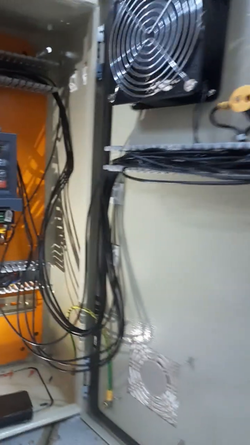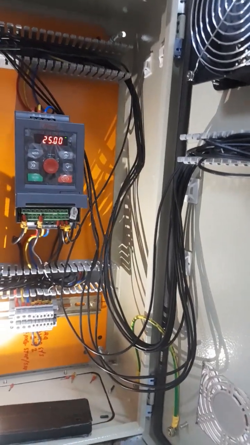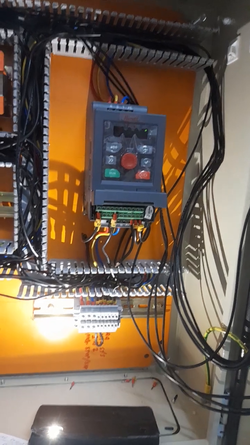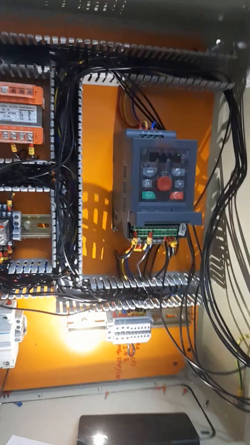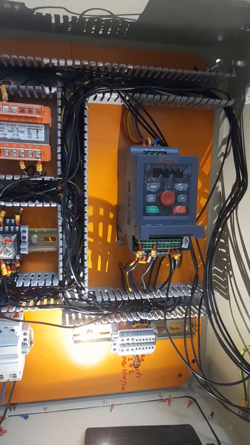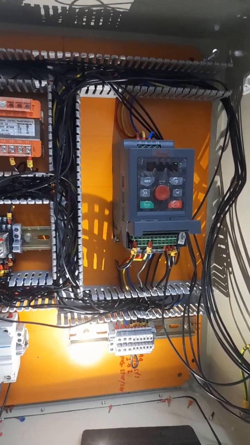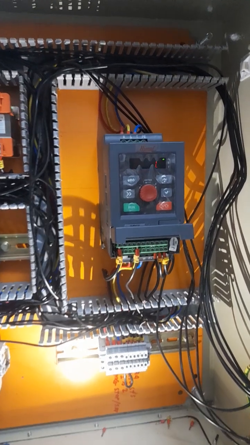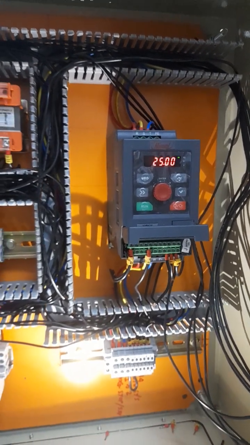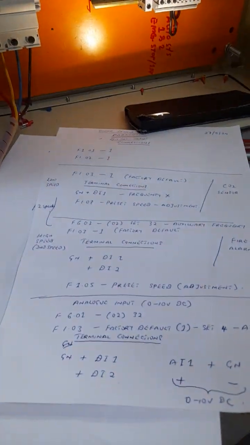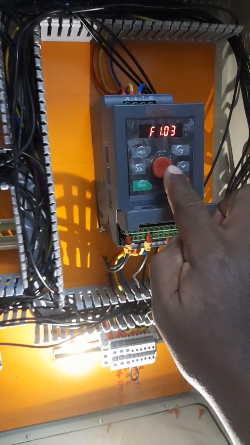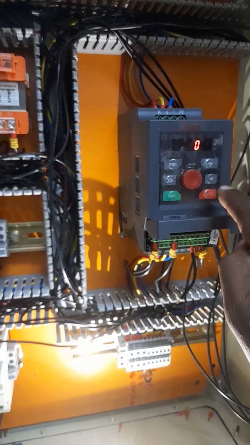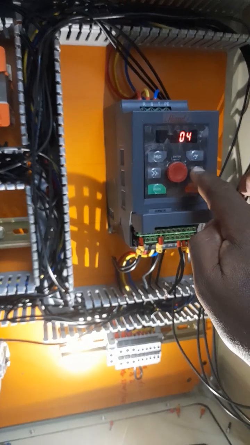What I'm just doing is looping the internal volts from that point to analog input 1. So I have to take it back to my initial program, default F1.03. My initial default is 1.